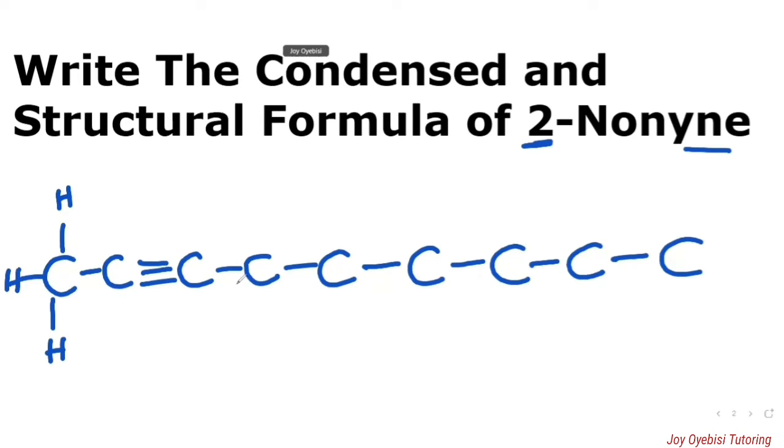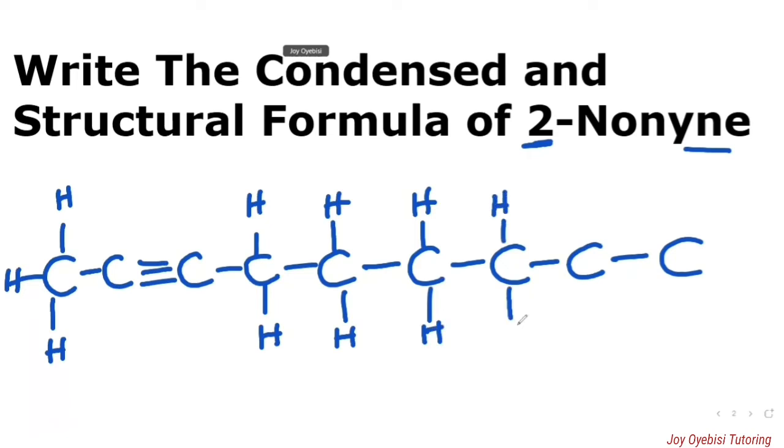The next one has 2, meaning we need to add 2 hydrogens. This one also has 2, so we add 2 hydrogens to make it 4, and we do that for the rest. For this last one, it has just 1, so we need to put 3 hydrogens.